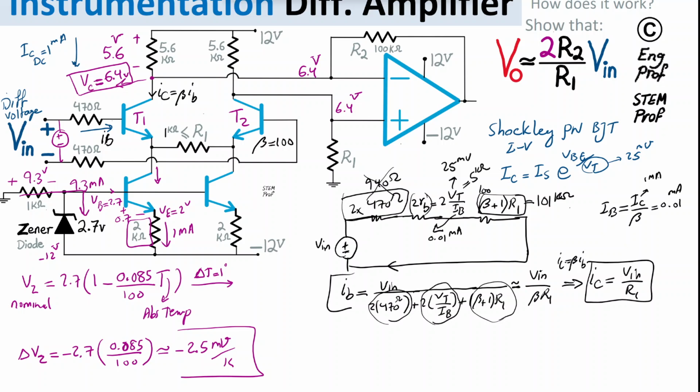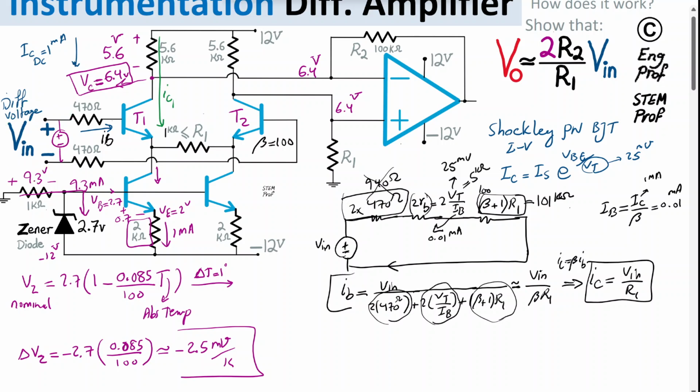Now, the interesting part comes into the picture, because there is a collector current going through the 5.6K, as I just mentioned. So there is this AC collector current flowing through T1 because of the differential voltage Vin that we applied.